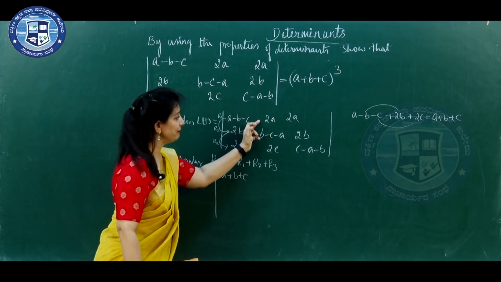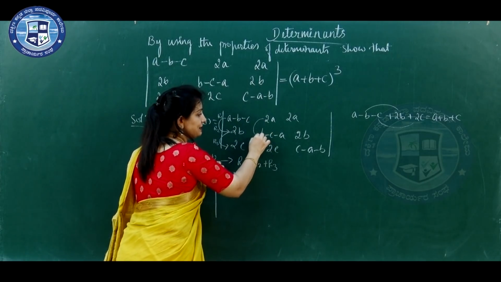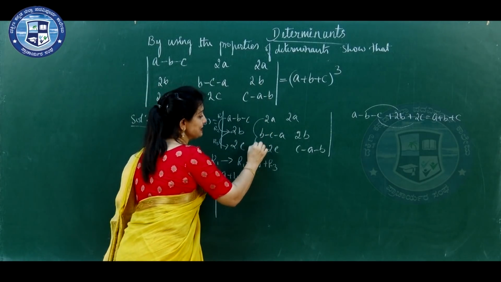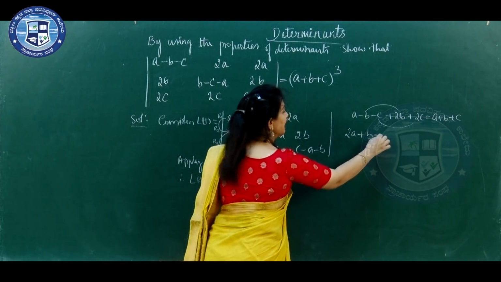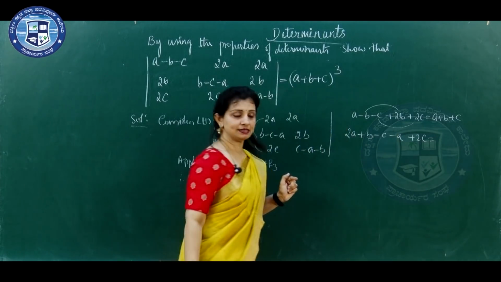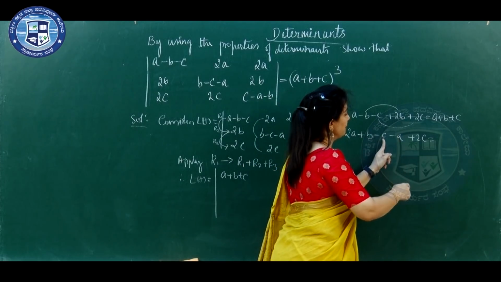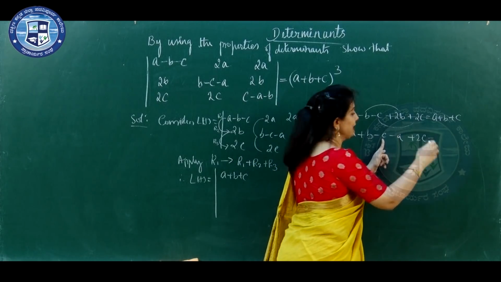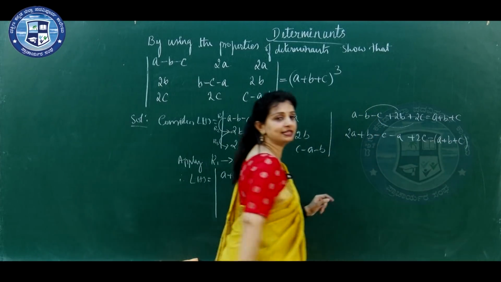Okay. So, we are applying the same here for the second element, 2A plus B minus C minus A plus 2C. Look at this, 2A plus B minus C minus A plus 2C. How much is this? 2A minus A is 1A plus B, minus 1C plus 2C is plus C. So, it is again A plus B plus C, which is a factor of RHS.